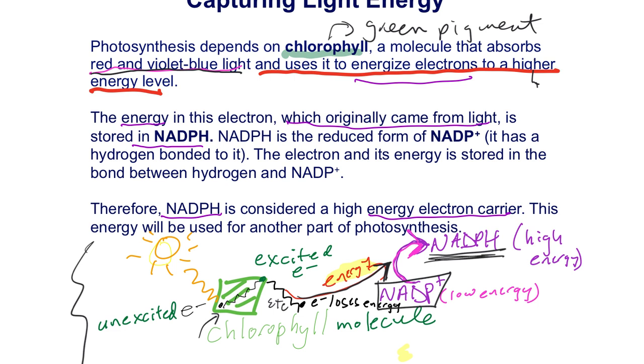This is like ADP getting energized to ATP. The NADPH will be used later on in photosynthesis to build glucose. So we'll leave it at that right now.